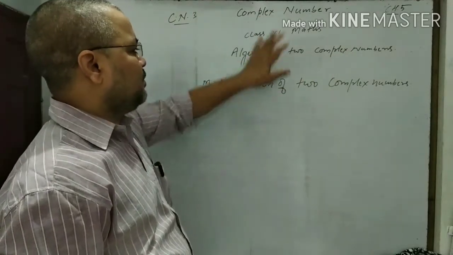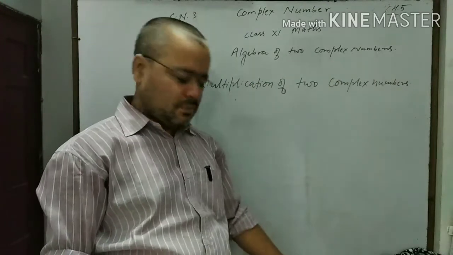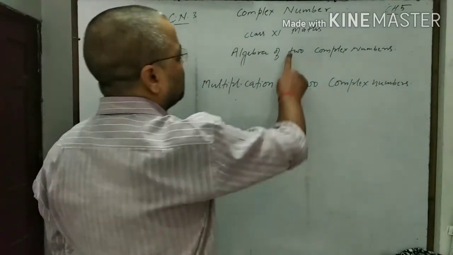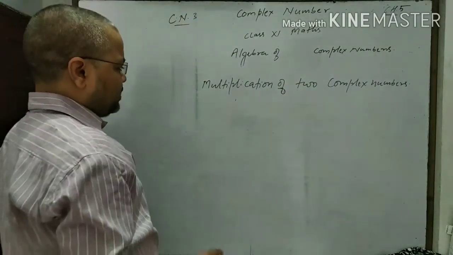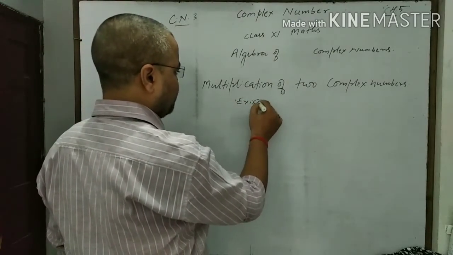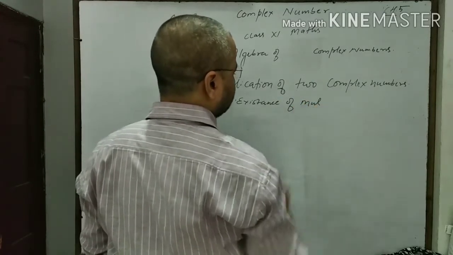The name of the chapter is complex number, and we are discussing the algebra of complex numbers. Here, the existence of multiplicative inverse.